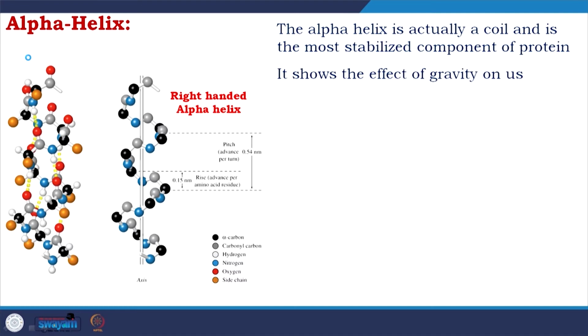What I mean by that? What I mean is, if you take a drop of water on the top of your finger and allow that to drop and watch carefully, you will see that the water becomes spherical.